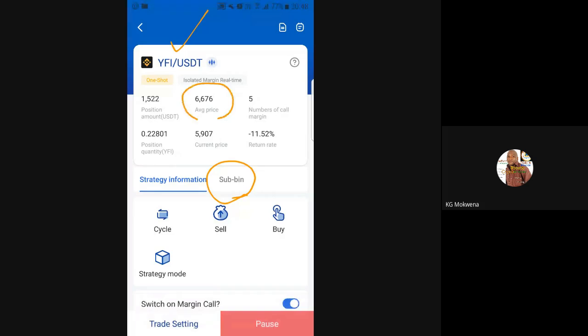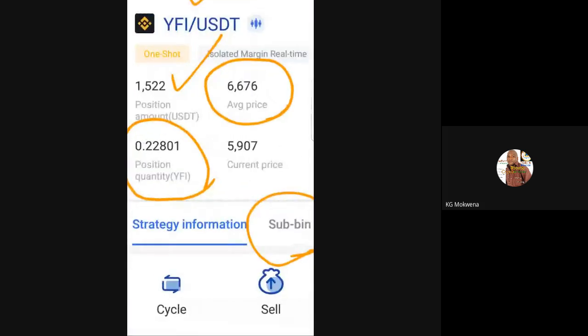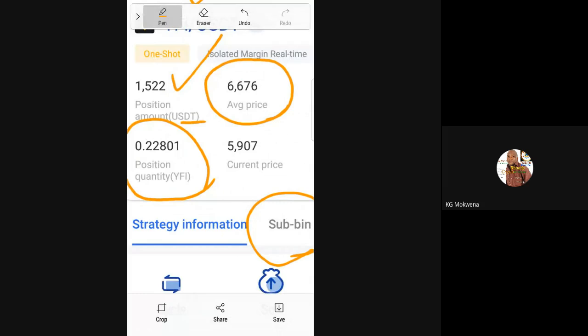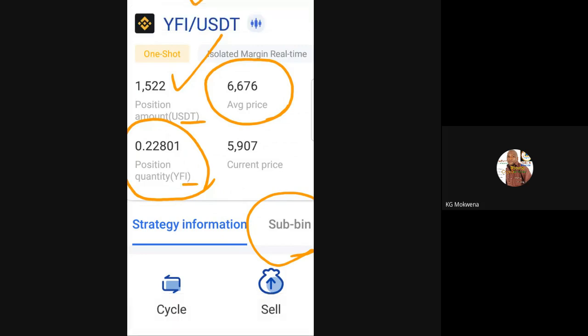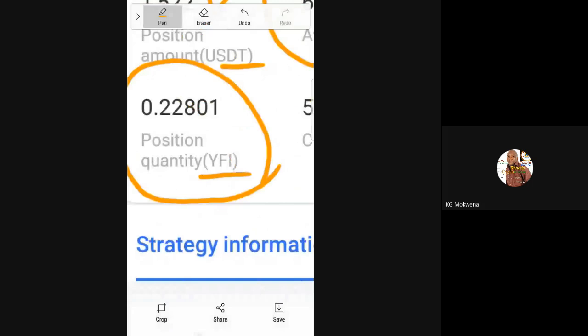The average price that you have here is for the whole quantity in relation to the whole position, which is the position amount, so to speak. The position amount here you can see is always in USDT. It means the amount of dollars or USDT that you have used to purchase the quantity that you have here. You see inside the brackets, the quantity is shown clearly, that is YFI.